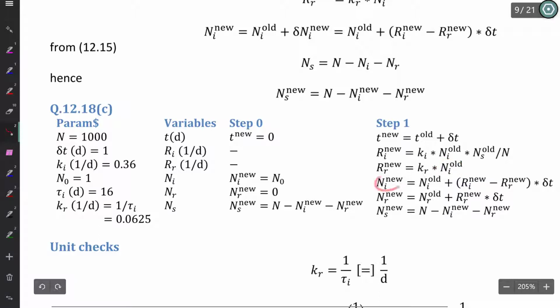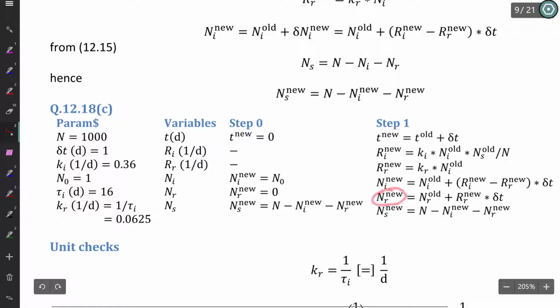And then the new I is the old I plus the rate at which they increase, which is this expression, right? So it's using the new infection rate and the new recovery rate, and they're subtracted, because this makes it bigger and that one makes it smaller, times the time step.